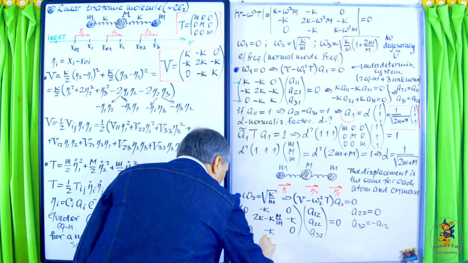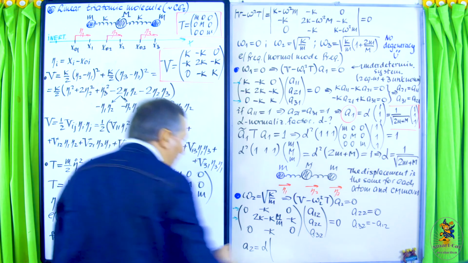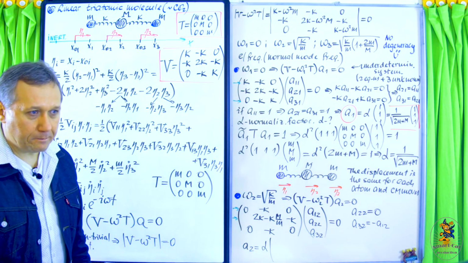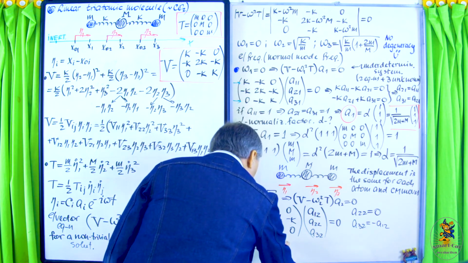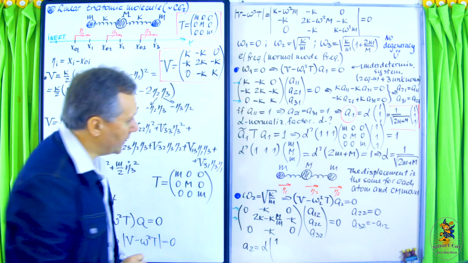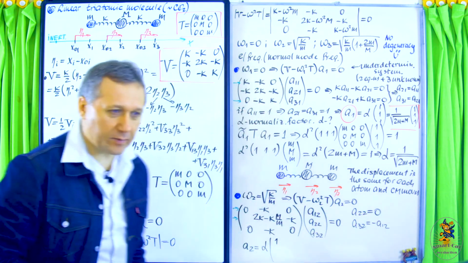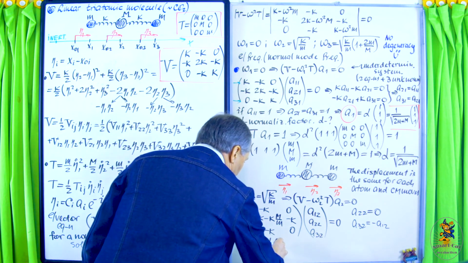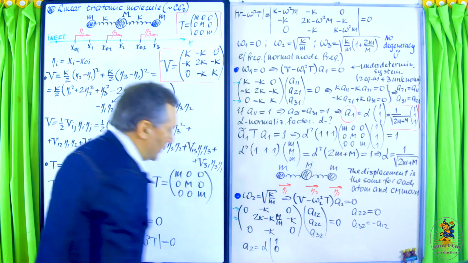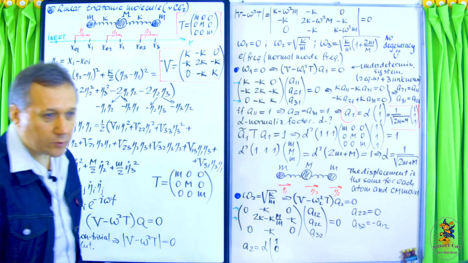A2 equals, again, I will introduce a normalization factor alpha, and A12 I assumed 1. Then A22 will be 0. It doesn't matter what I assume. It means that the second particle is at rest. And A32 is minus 1.